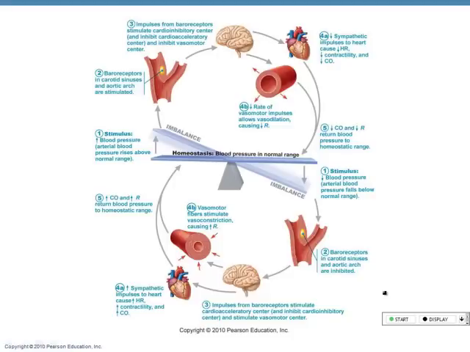When an increase in pressure occurs, the first groups of cells, those baroreceptors, and where's the carotid sinus? Some major vessels that are what? Going to supply blood to who? The brain. Oh, that's a good place for them because the brain's kind of communicating with everybody, right? And also we find some in the aortic arch.